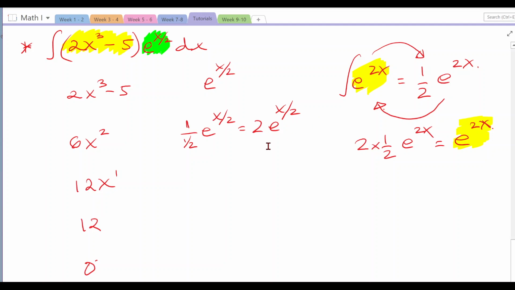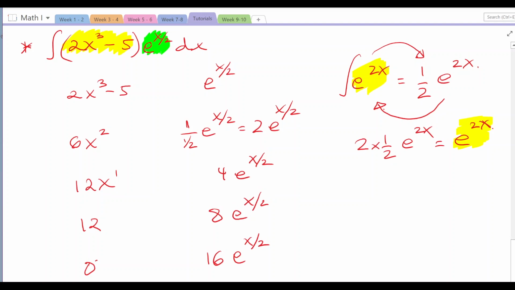Basically we double it. The next integration will be the same thing, we're going to multiply by 2. So the next term will become 4 e to the power of half x, and then the next term will become 8 e to the power of half x, and then the next term will become 16 e to the power of half x.